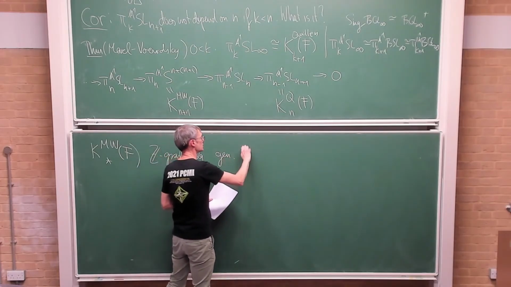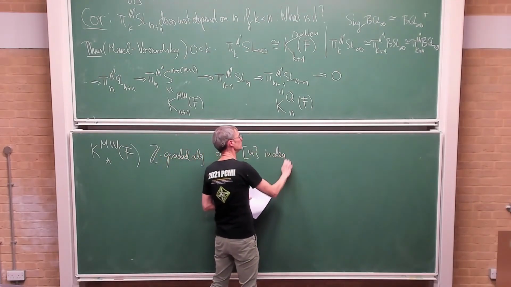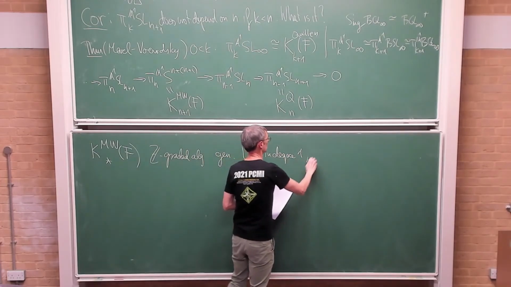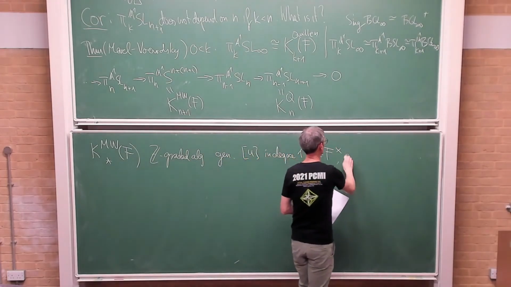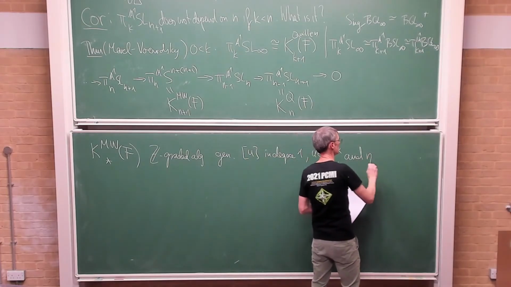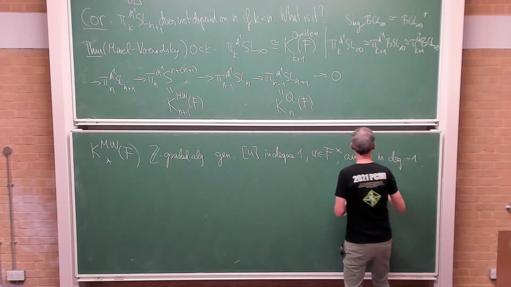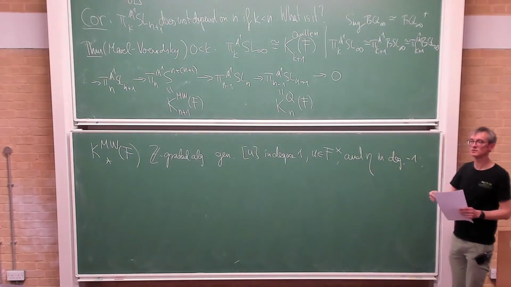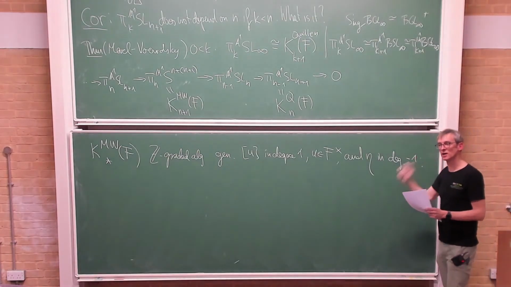And the generators have this form. These are in degree 1. And this walks through the units of the base field. And there's a single generator eta in degree -1, which is not the same eta as in Stefan's talk, but, well, it's not quite the same eta as from topology, but in fact it is.